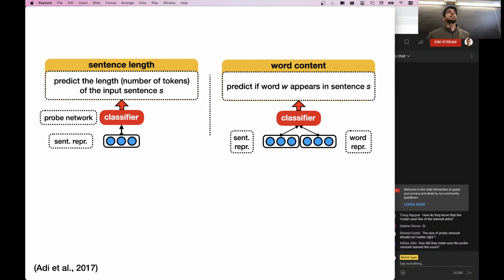But this is another task that people have tried, and you use the same exact format as before. You train this classifier. You can imagine it's very easy to create data for this task, right? I can just take an arbitrary sentence, either sample a word from that sentence or sample a random word, and then ask, is this word in the sentence or not?